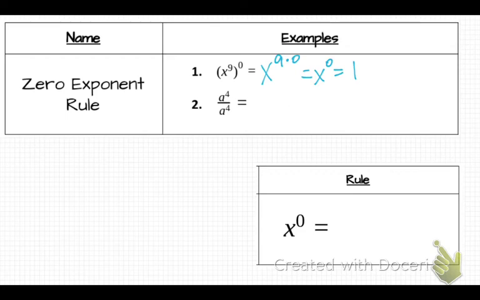Am I going to add, subtract, or multiply? We don't divide these ones. I'm going to subtract them, which is, again, a to the 0, which is just 1. Okay, so our rule, x to the 0, is just 1. Anything raised to the 0 power is 1.